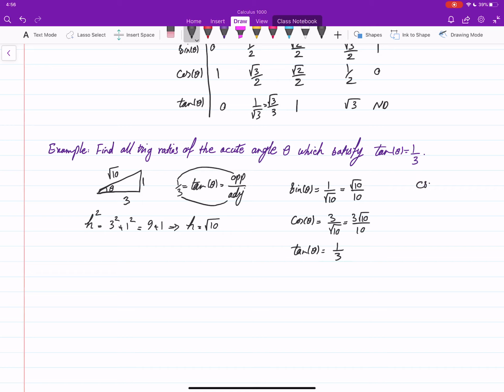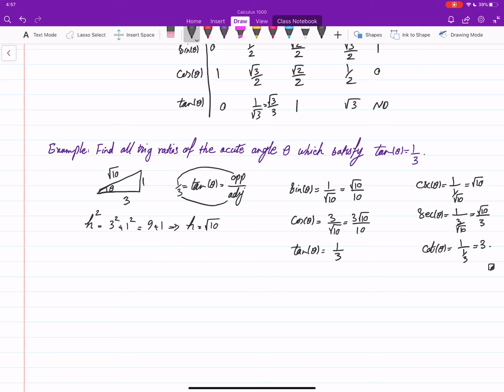Now cosecant theta is 1 over sine theta, which is root 10. Secant theta is 1 over cosine, and that is root 10 over 3. And cotan theta is 1 over tan theta, which gives me 3.